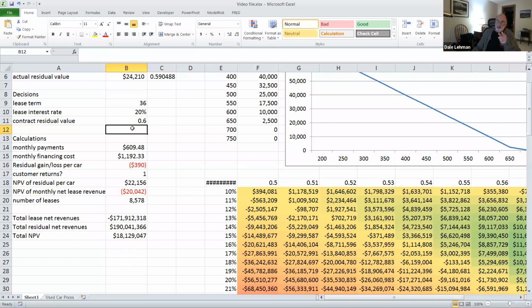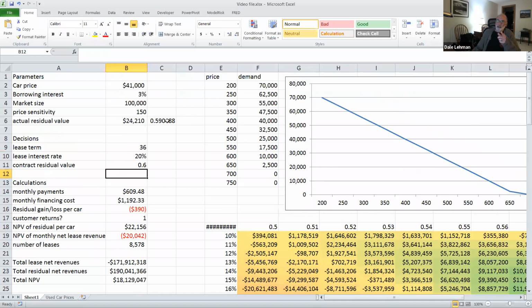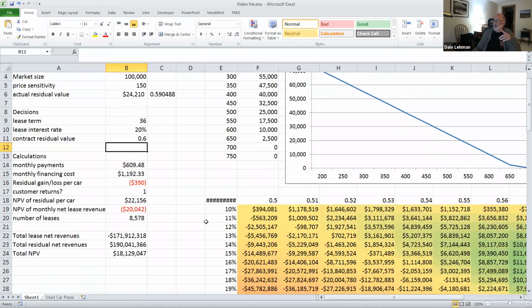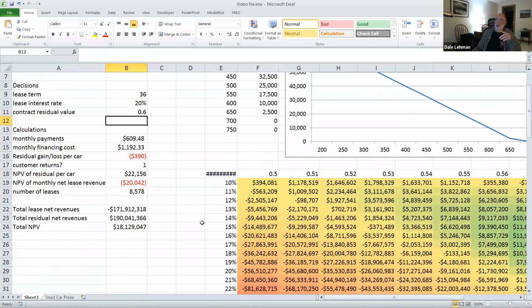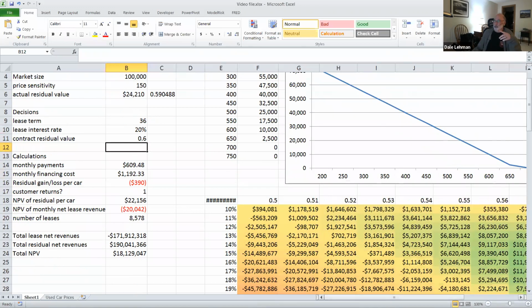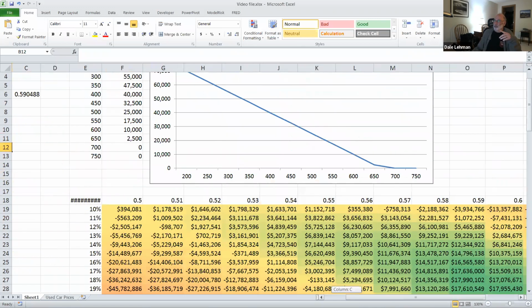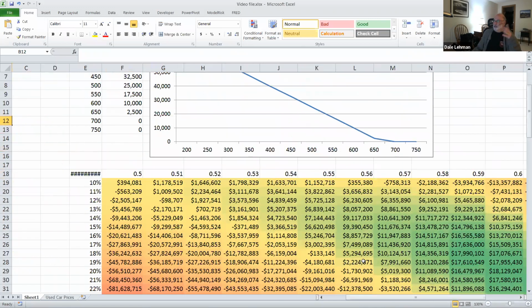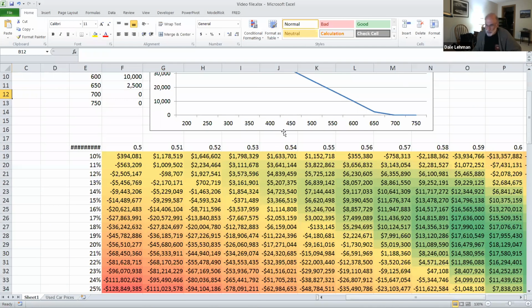So notice the 0.6 contract residual value is just higher than the actual residual value. So in this particular model, all the customers are going to return the cars. We're going to get back cars that are actually worth $24,210, but we're charging a pretty high interest rate during the time of the lease, 20% interest, which is why we're making that much money.